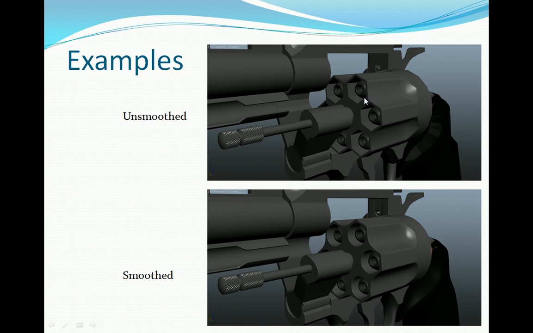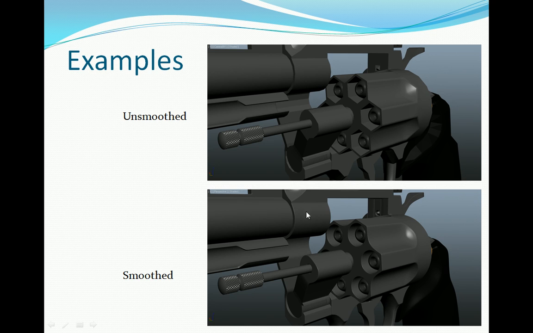So here are some examples. This is a model of a revolver I did recently, and this is how it actually looks. It's not meant to look that way, it's meant to be turbosmoothed. If you compare these two images, this is the plain model I did, and I did it in a fashion so I could turbosmooth it later on. As you can see, it's all very blocky with sharp angles and very squarey.